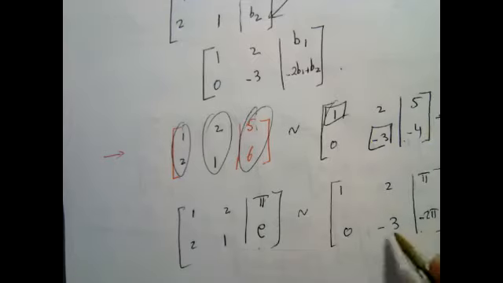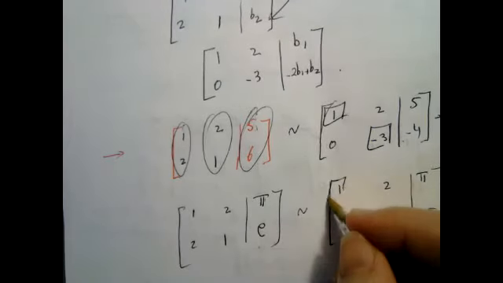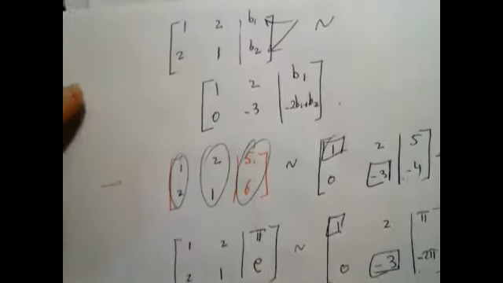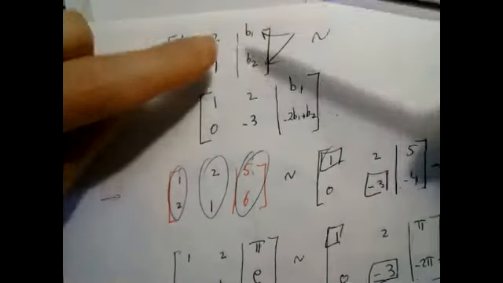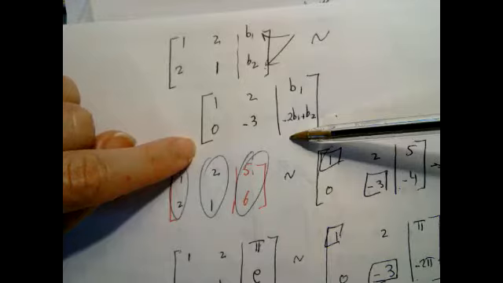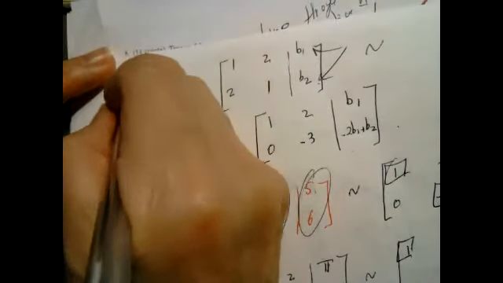Can I find the weights? Yes, because I can solve, so I can find the weights. So what I am trying to tell you here, no matter what B1, B2 is, we have consistency here. It means if I try to find the weights, that's really the starting point.